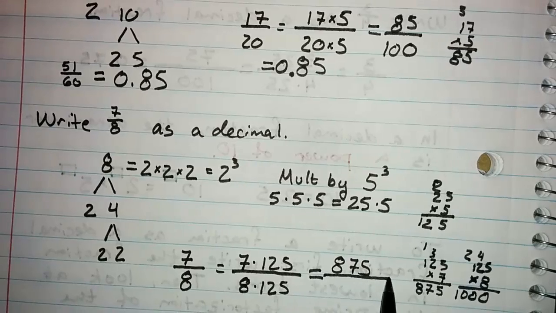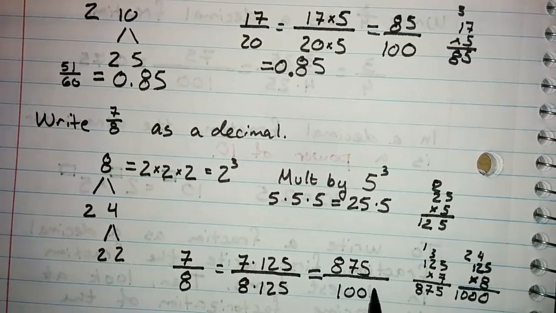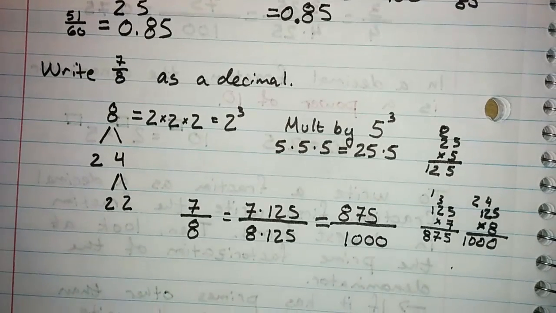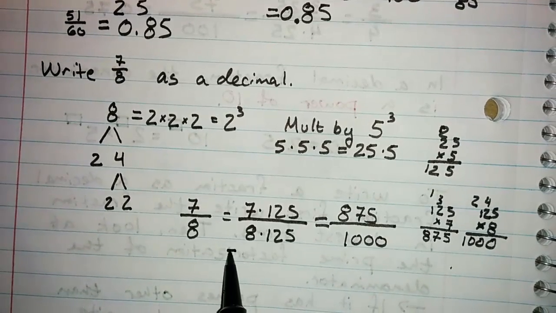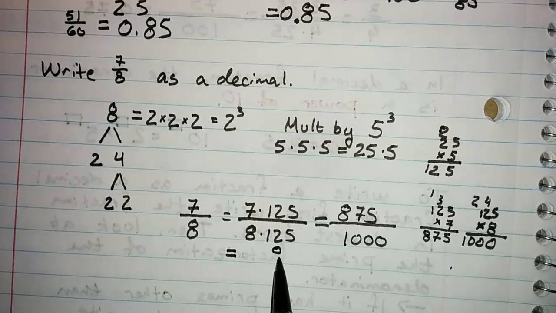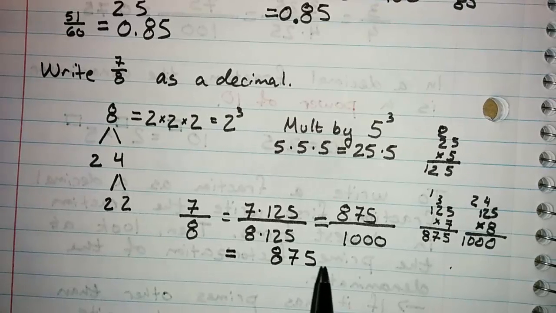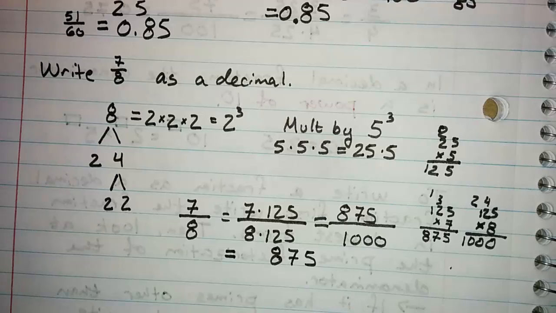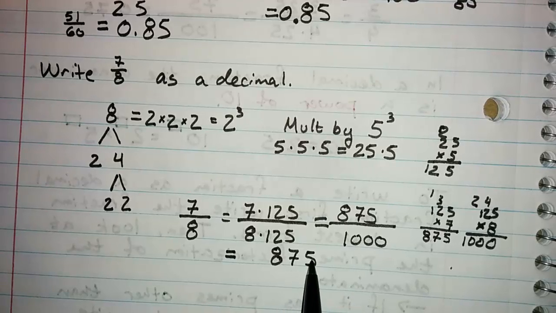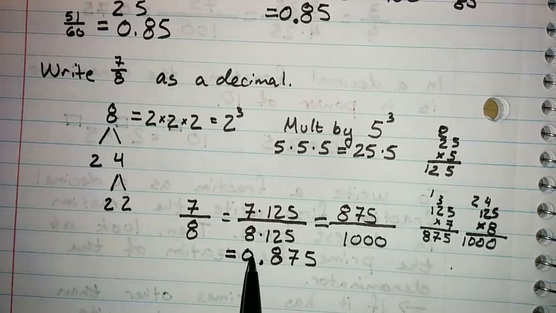We have 875 over 1,000. What decimal is this? It's, well, 875. We have 1, 2, 3 zeros in the denominator. We want 1, 2, 3 digits after the decimal point. 0.875 is the decimal that is equal to 7/8.